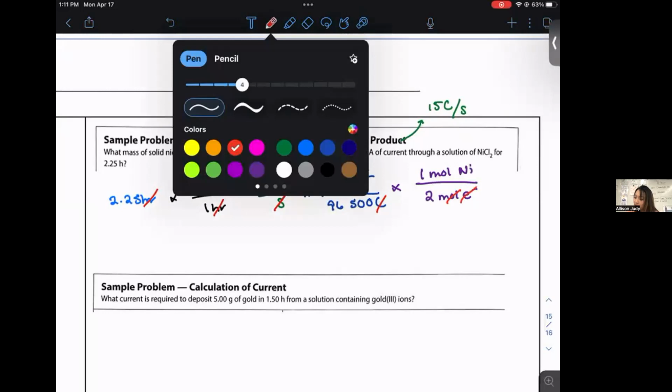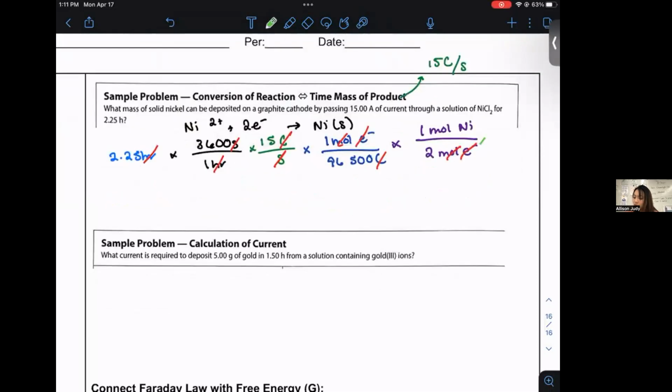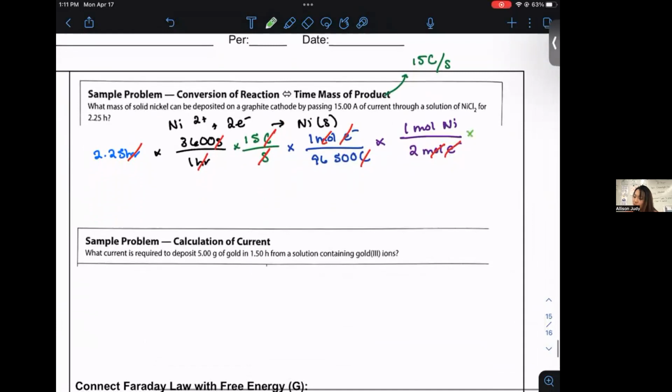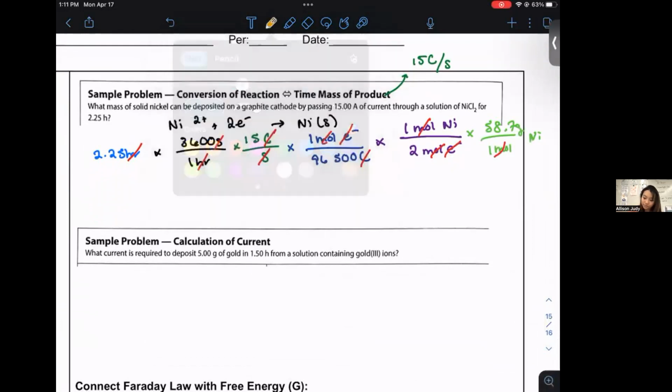If I want the mass of nickel, I'm in moles of nickel, so I just multiply by the molar mass of nickel, 58.7 grams per mole. I get out of moles and I'm left in grams of nickel, giving me a value of 37 grams of nickel. I can deposit 37 grams of solid nickel if I run 15 amps of current through a solution of nickel chloride for 2.25 hours.